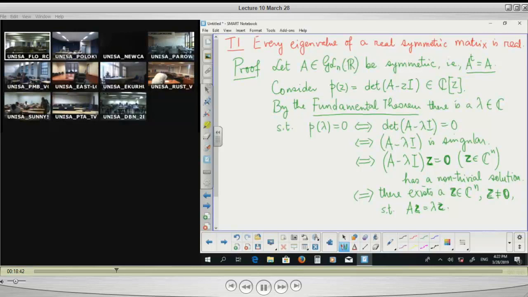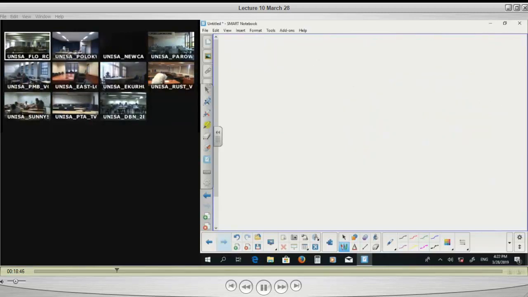So you have Az. Remember, Az is also a member of Cn, so each entry is actually a complex number, right? So I can take the conjugate of each entry.